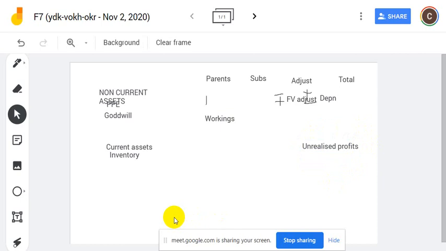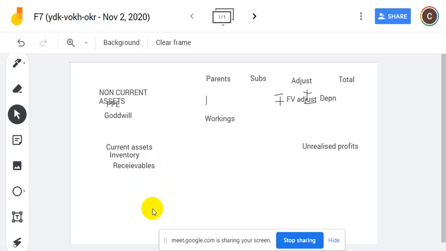The next, under inventory, you bring your receivables. Again, you get 100% receivables for the parent, 100% receivables for the subsidiary.